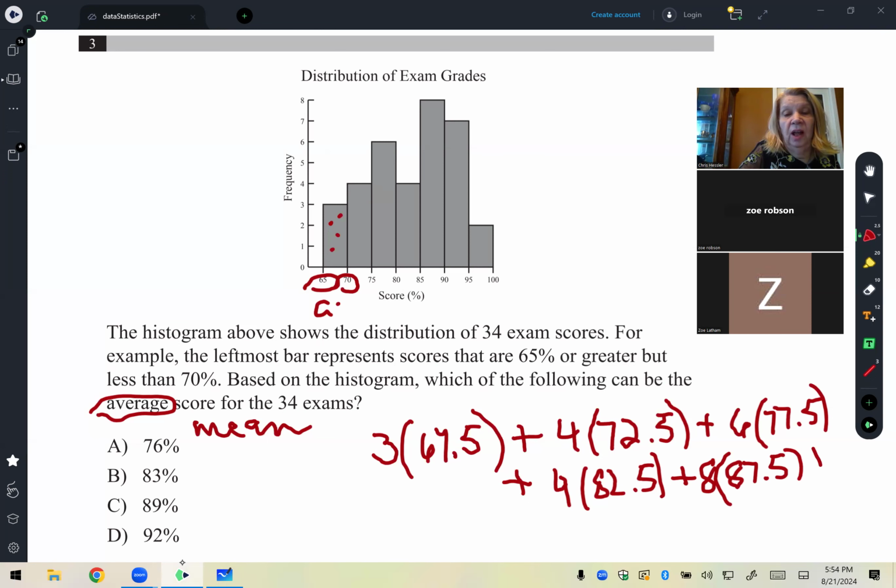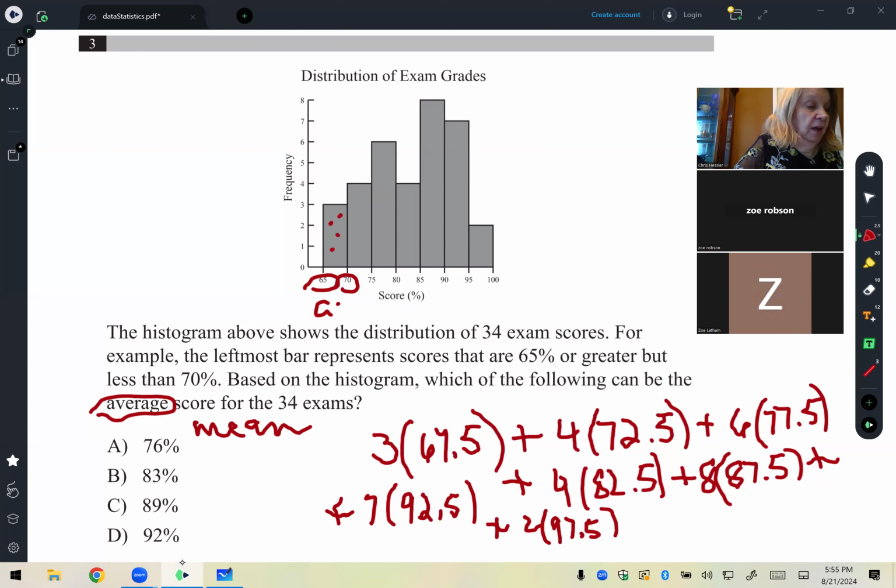And that saves you a lot of time getting the left bar and then the right bar. That would be just too much. And so if we get this average, 7 that are 92.5, and 2 that are 97.5.